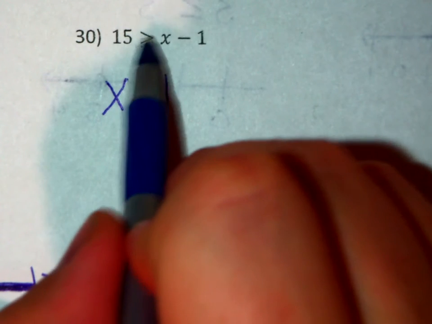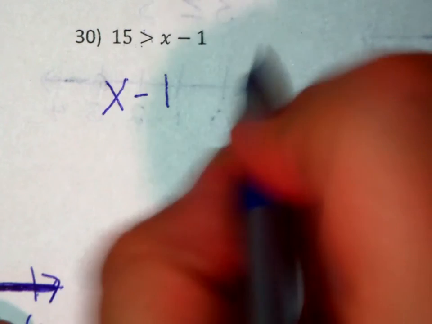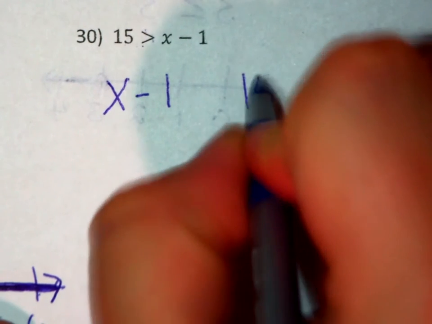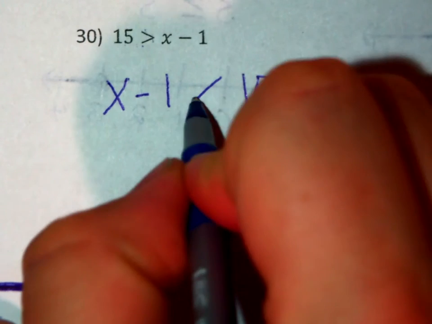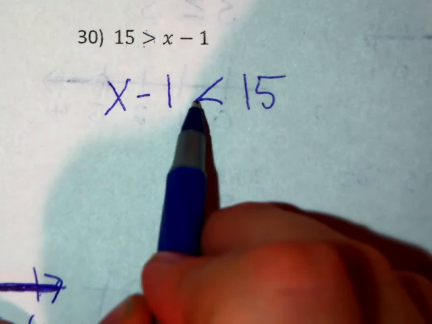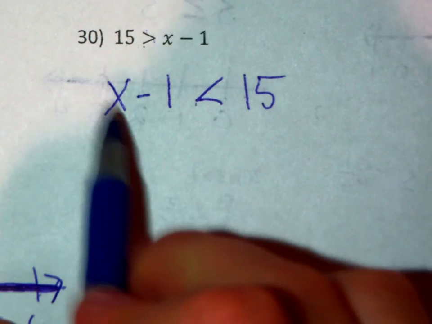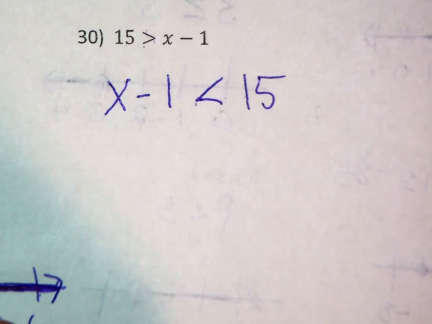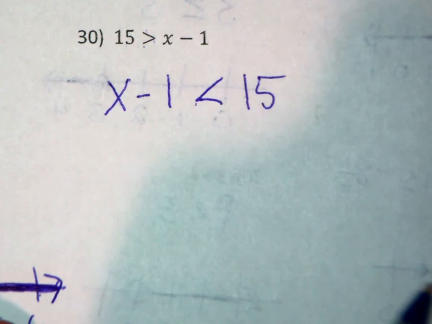I want the open portion of my inequality sign to be facing the 15. Well, I have my x minus 1 and I have my 15 here. So the open portion is now again facing the 15 and the pointed portion is now facing the 1. So I now have my variable on the left side of the inequality term, my solution on the right side of the inequality term, and everything is pointing exactly where it needs to be.